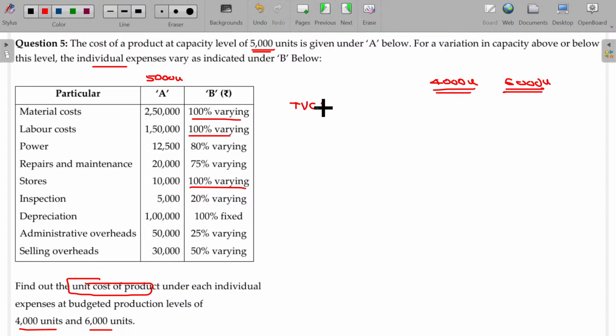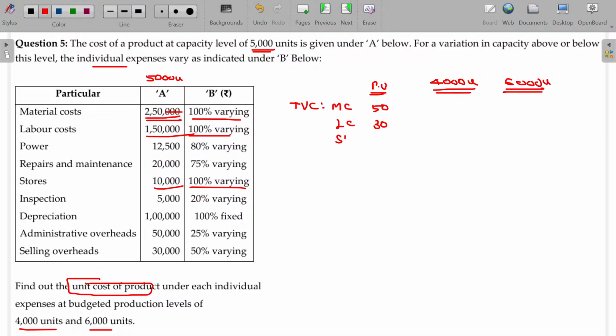Total variable cost. Material cost. For 5,000, 2.5 lakhs means how much is per unit? 50 rupees. And labor cost 30.